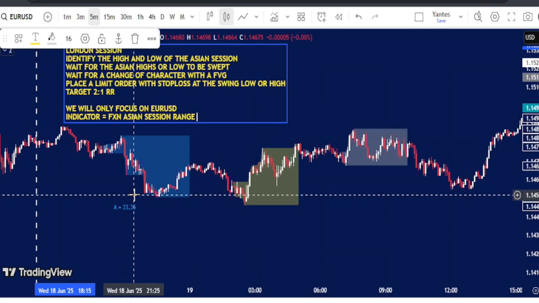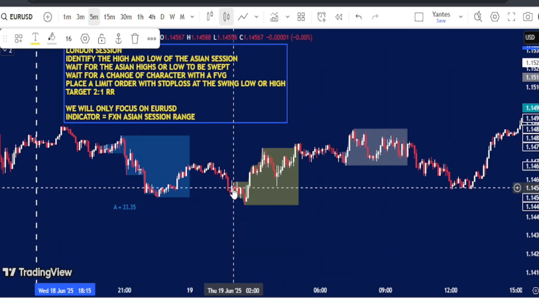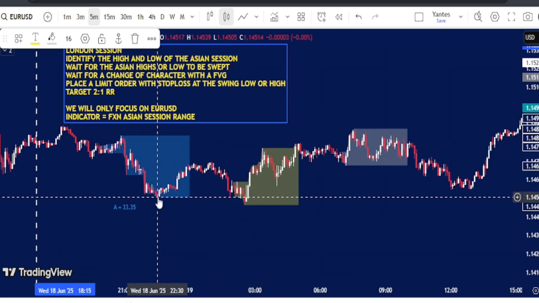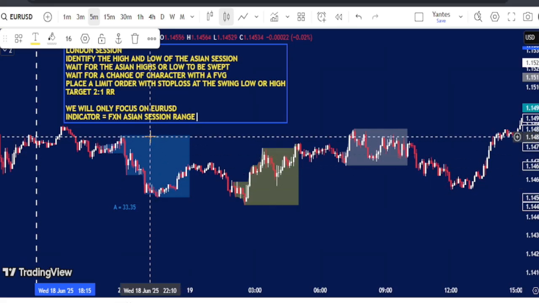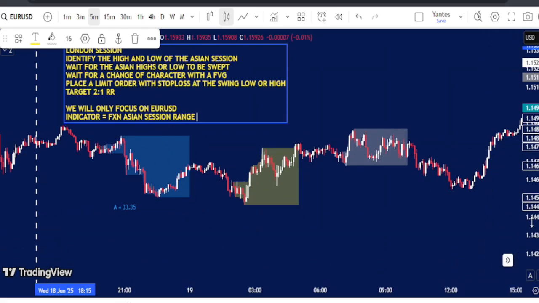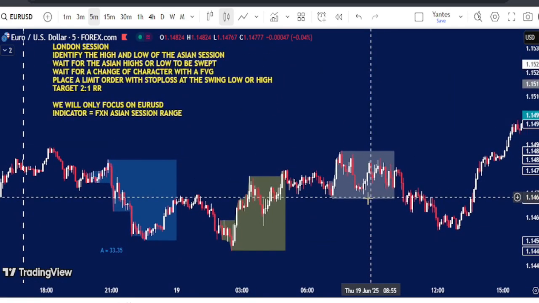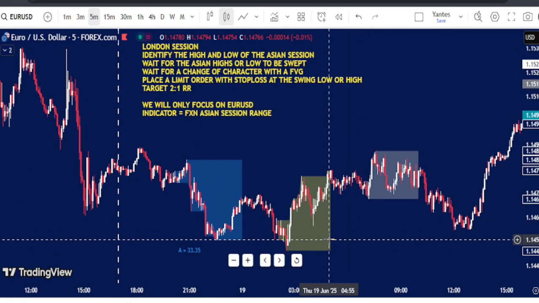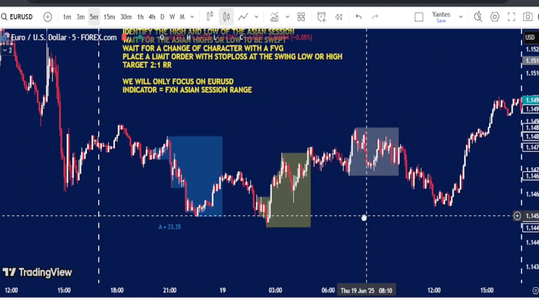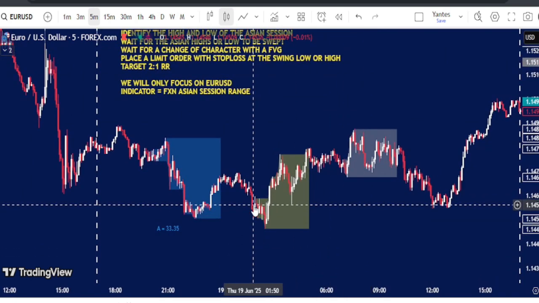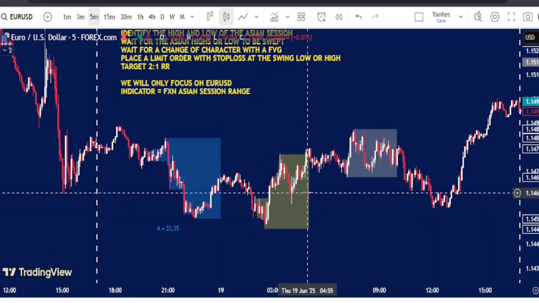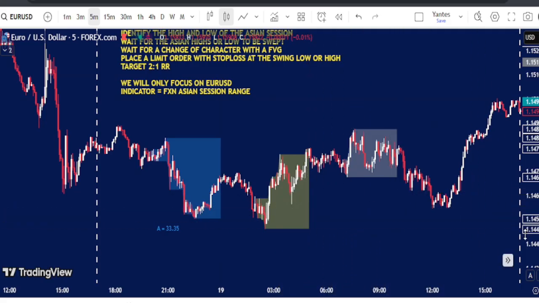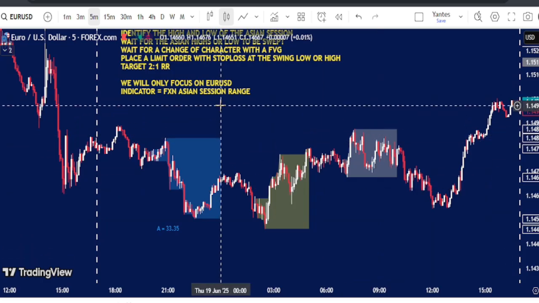Okay, now we have identified the Asian range highs and lows. We wait for the Asian range liquidity, either the low or the high, to be taken out when the London session begins. When does the London session begin? London session begins at 2 a.m. and ends at 5 a.m., according to how we mark our charts, according to our strategy.